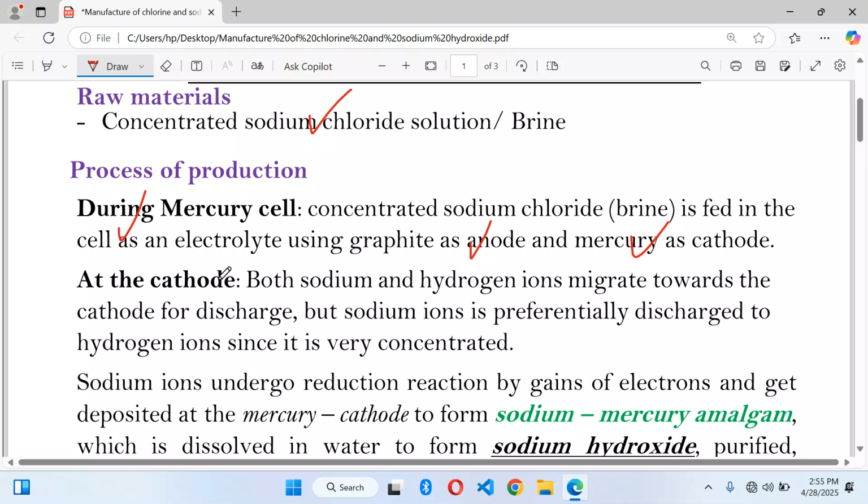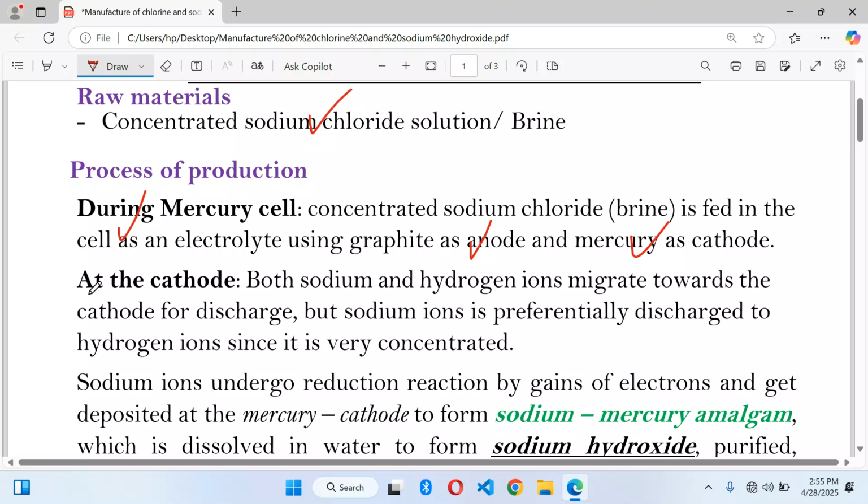At the cathode, you recall when sodium chloride ionizes, it produces sodium ions and chloride ions. But also don't forget that as we are dissolving it in water, we have some hydrogen ions from water and hydroxide ions from water.